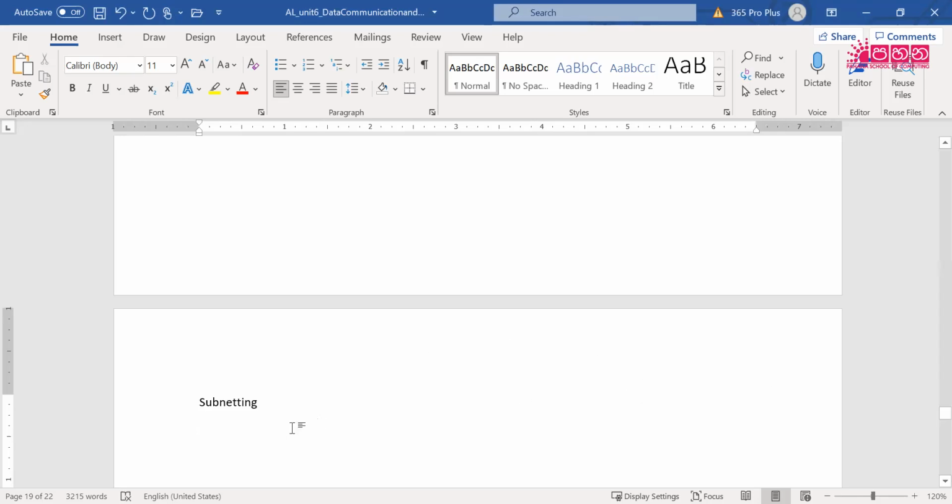Subnetting is a process of dividing a large IP network into smaller IP networks. Simple as that.